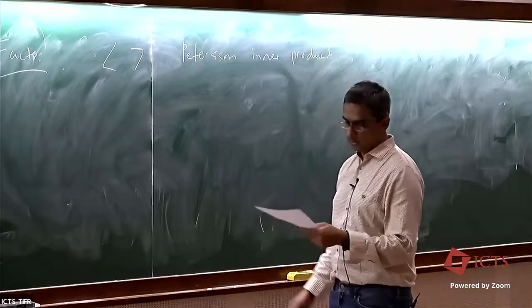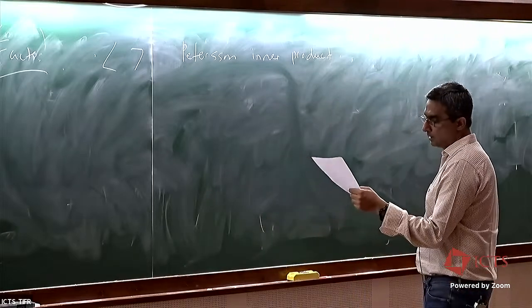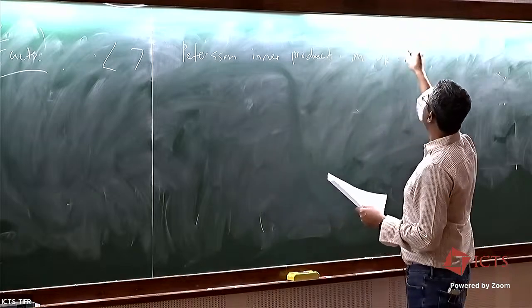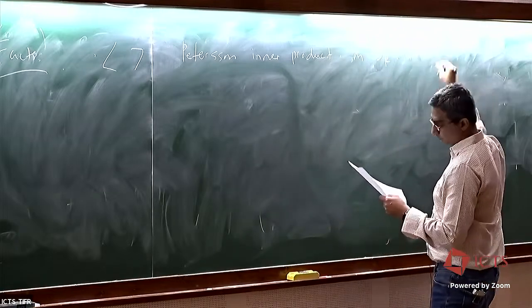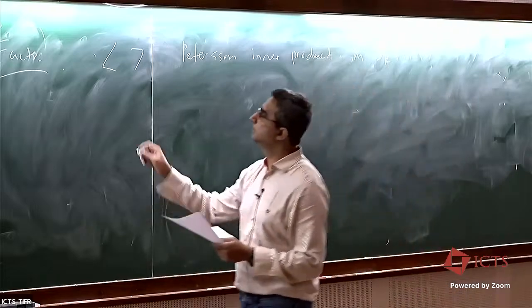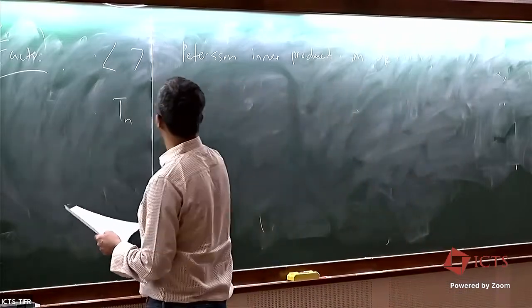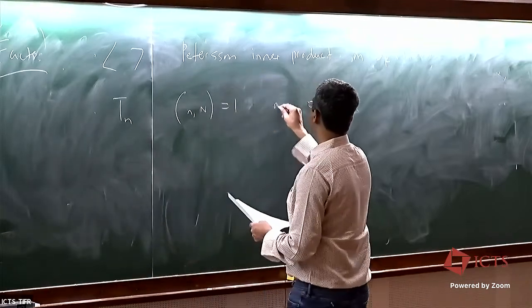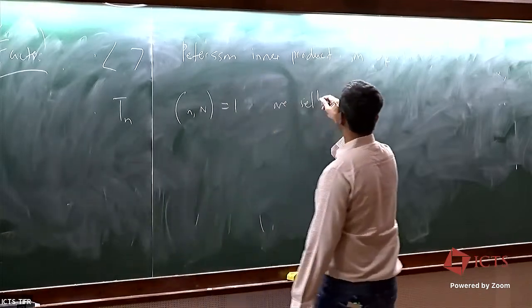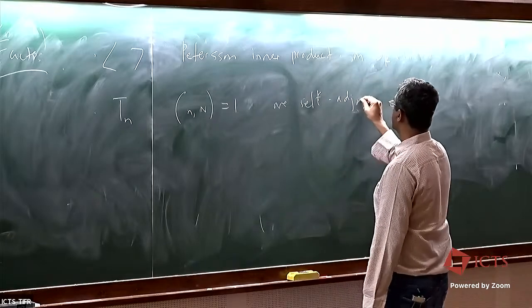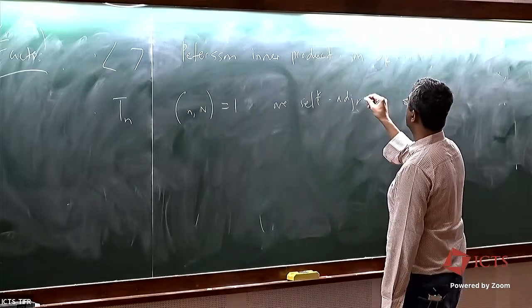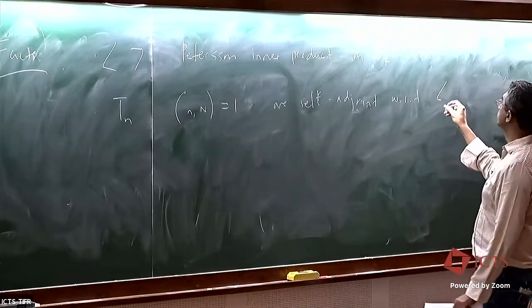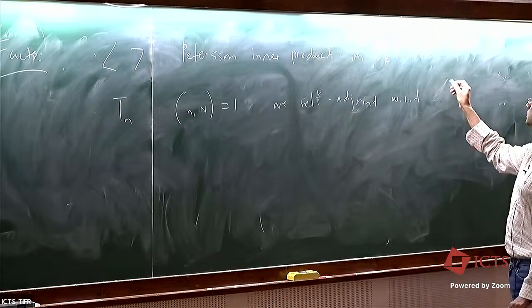Okay, so there's this Petersson inner product on Sk gamma 1 n. And these operators Tn, at least for n co-prime to N, are self-adjoint with respect to the Petersson inner product.